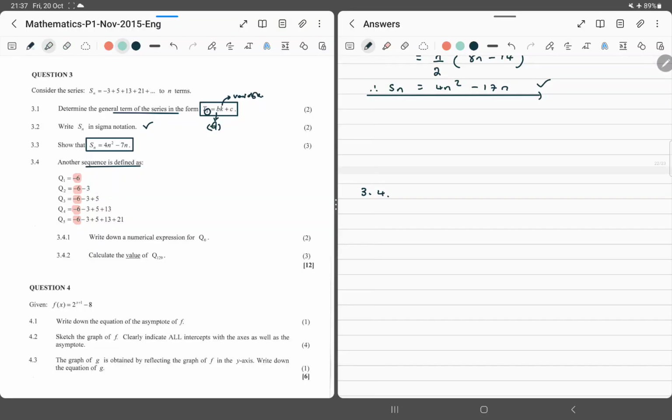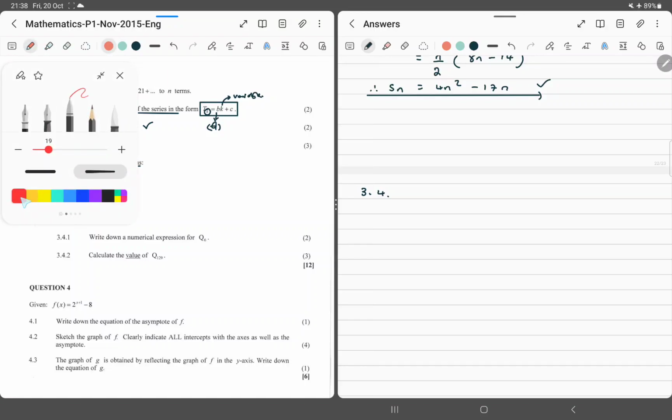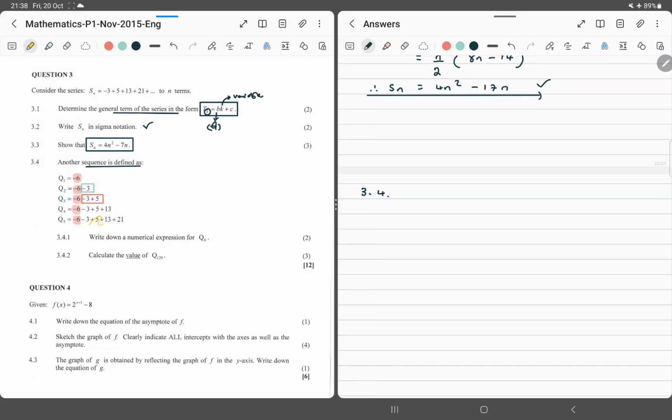We have a minus 3 there added. And then here we've got a minus 3 plus 5 added. And then we've got a minus 3 plus 13.